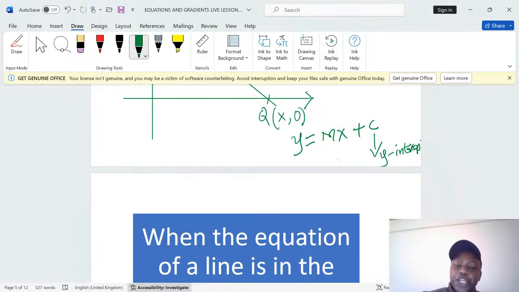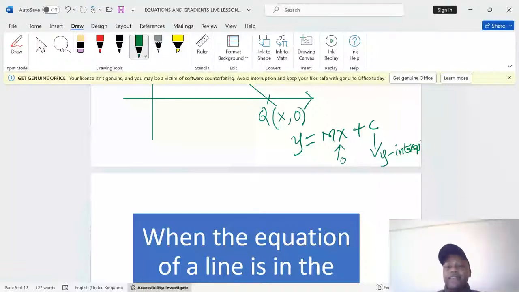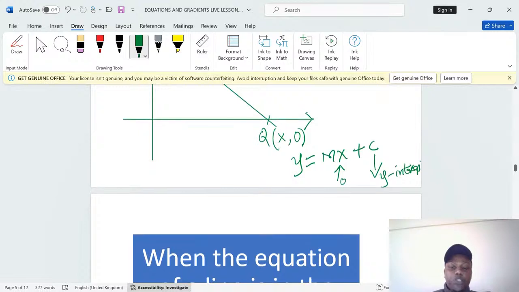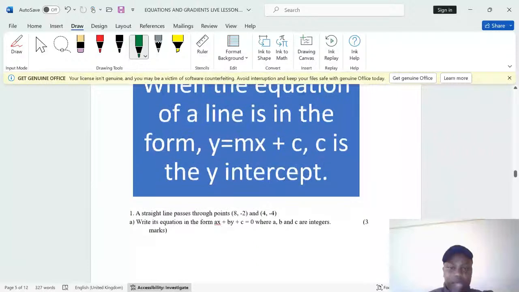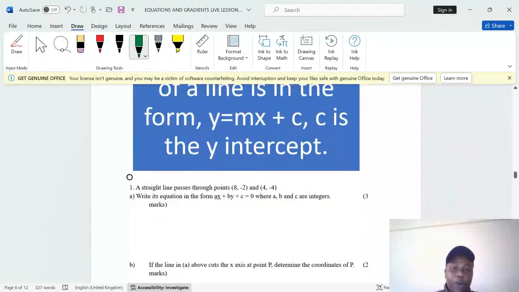Therefore, when we substitute 0 where there is x, the term becomes 0, and the value of y will directly be equated to the constant c. So instead of tiring yourself so much to substitute 0, it will simply give us the value of the y-intercept to be equal to the value of c. So that is something which has to be known.